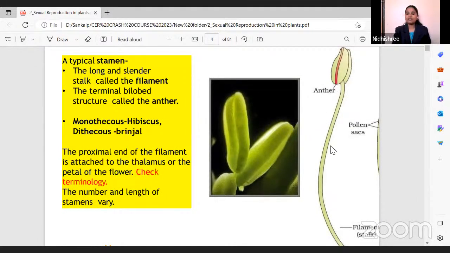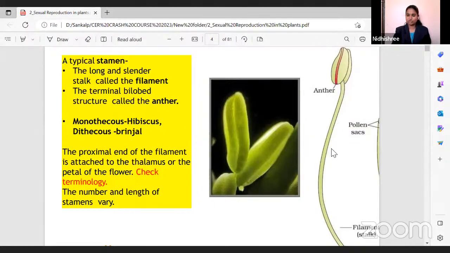So a typical androecium will consist of stamens. This whole thing is called a stamen, guys. The stamen has an anther and a filament.